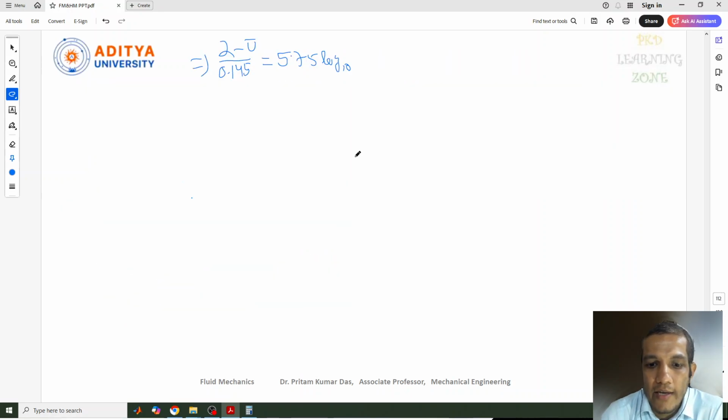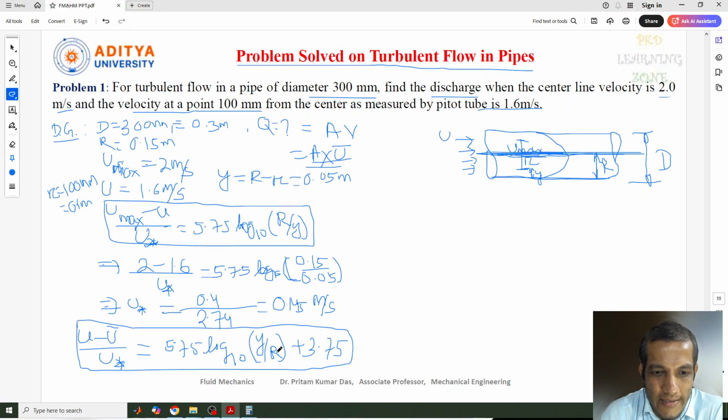Here y equals r, and u becomes u max, because y by r is there. This is the central line, and y is taken at any point.